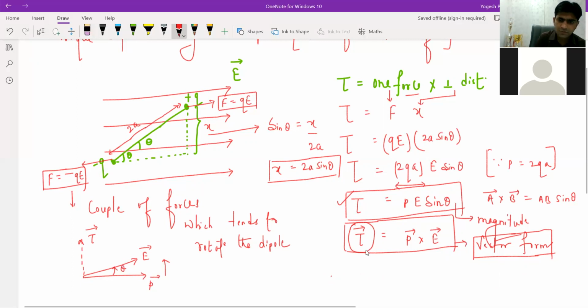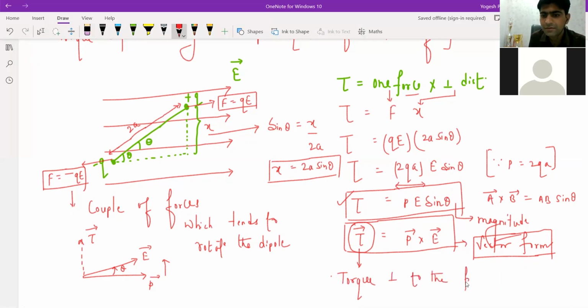So what will be the direction of torque? The direction of torque is perpendicular to the plane. Perpendicular to which plane? Torque is perpendicular to the plane containing P vector and E vector.